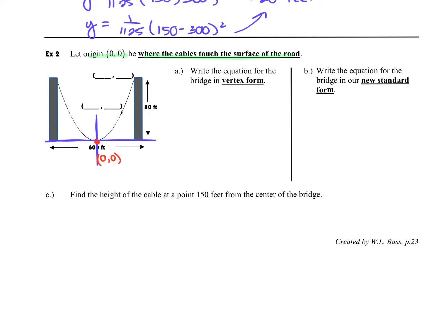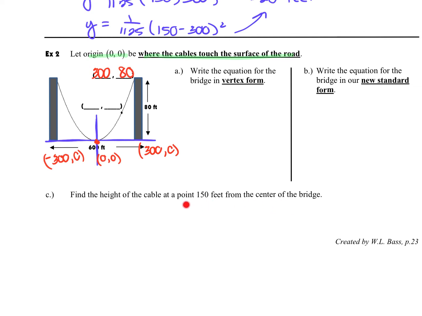And now our points are going to change a little bit. If this is still 600 feet, then over here is 300, 0. This is a negative 300, 0. Then if our tower is now 80 feet, is still 80 feet, this ordered pair changes to 300, 80.